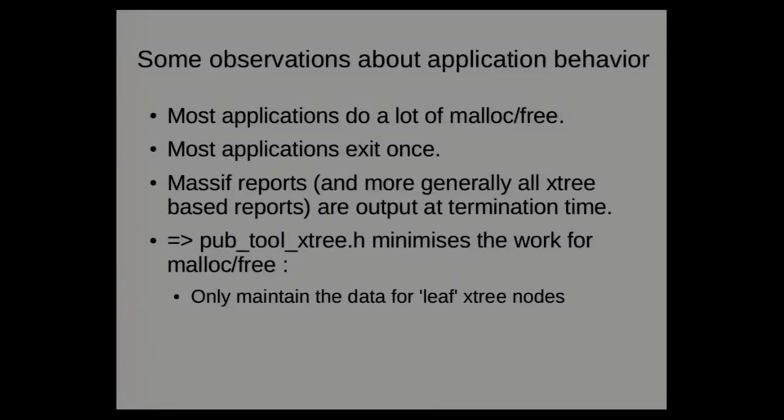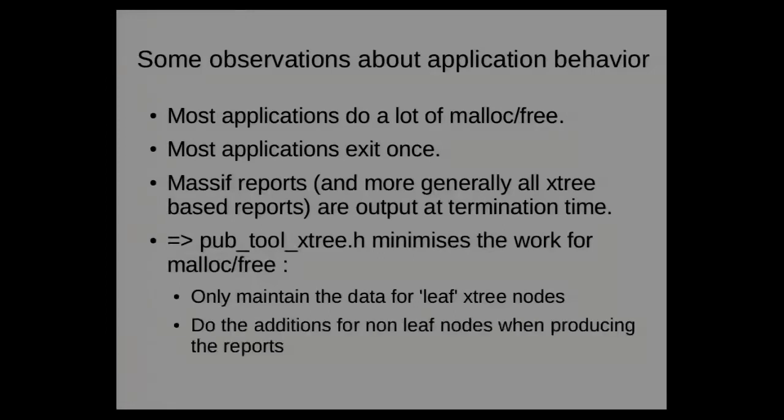In Massive 3.12, each time it allocated a block, it increased the size in the leaf execution point, and then always propagated that up the tree. The new implementation doesn't do that, it only stores, associated to the exec context, the data which is being recorded. For example, it increases the number of allocated bytes for each malloc.